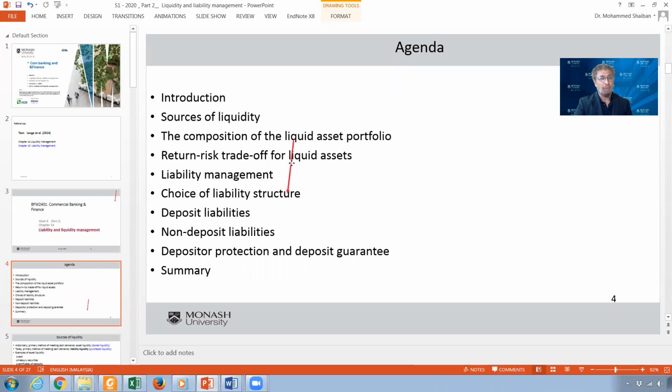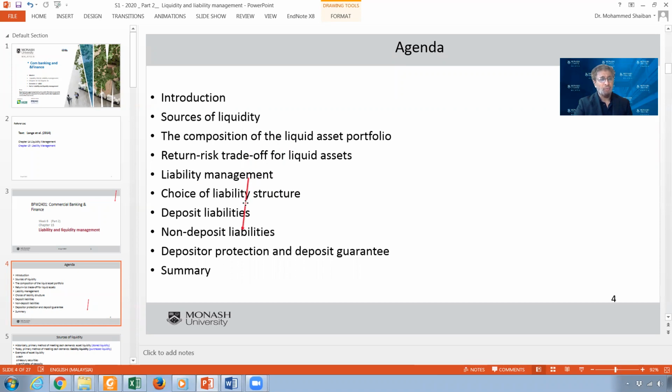many items we have in this portfolio. Every single item inside that liability portfolio has different characteristics, and it has a different impact on our liquidity risk and liquidity requirements. We'll talk about deposit liabilities and non-deposit liabilities.